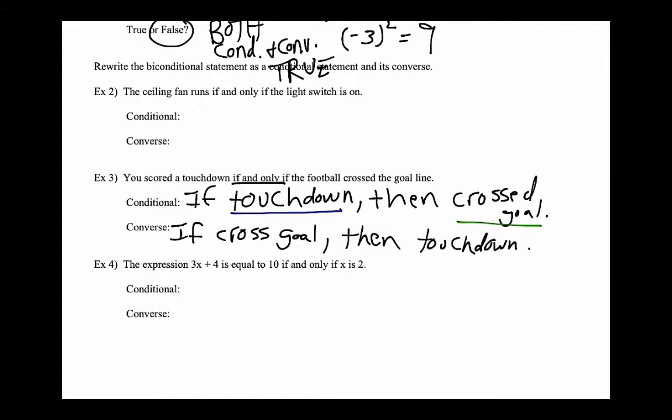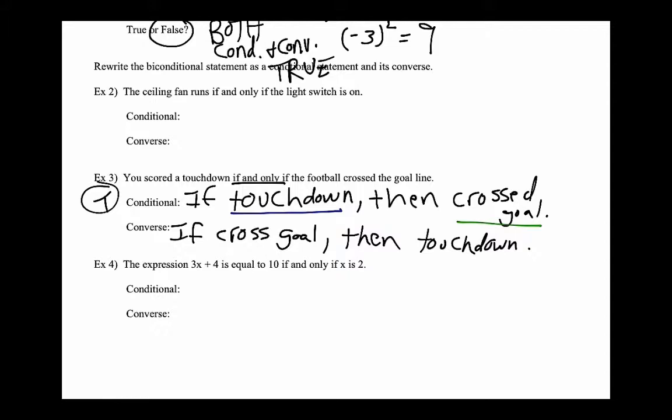Now, at first glance, this may seem like a very true biconditional statement. If you score a touchdown, then the ball crossed the goal line. That is true. That must happen before you can score a touchdown. However, if the ball crosses the goal line, is it necessarily a touchdown? Does the ball cross the goal line when you kick off? Does the ball cross the goal line when you kick a field goal?